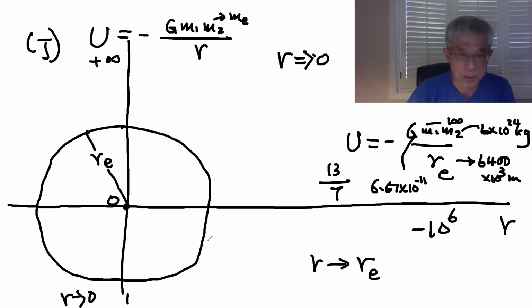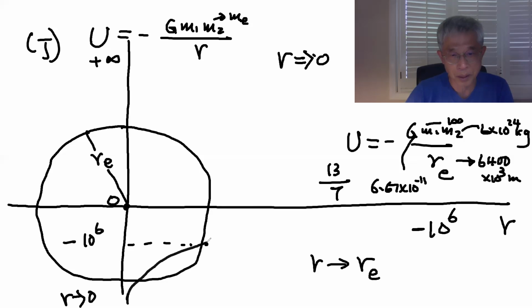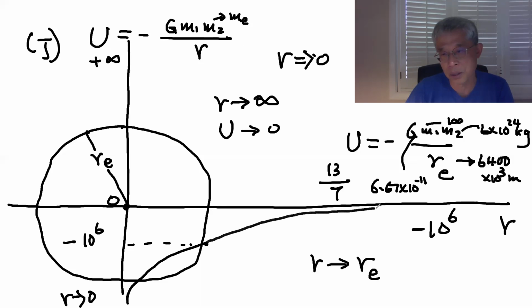So it's going to be somewhere near here, and this is my negative 10 to the 6, roughly. It's going like this. And when R is approaching infinity, then this becomes 0. So U is approaching 0. So 0 is right there. This keeps going until R is infinity.